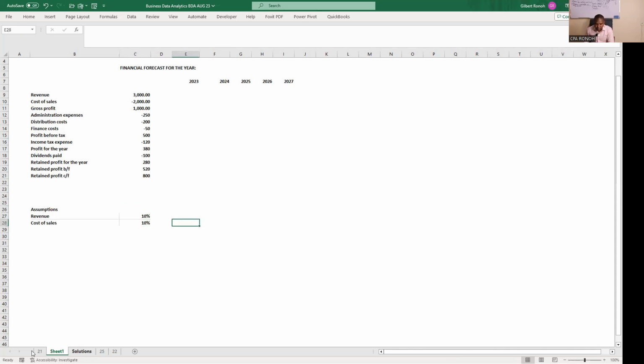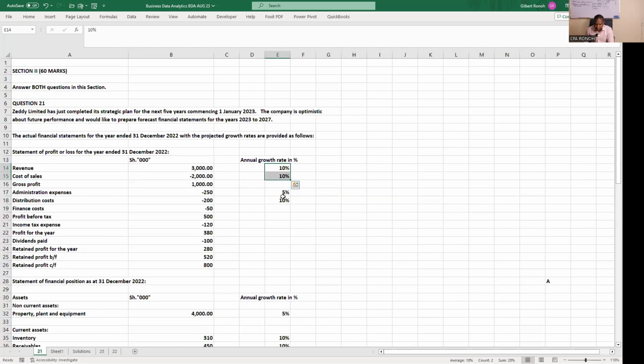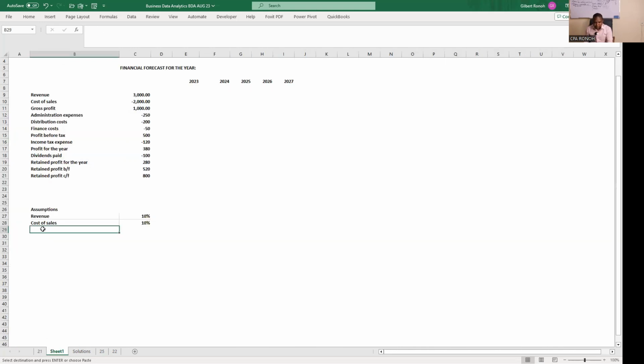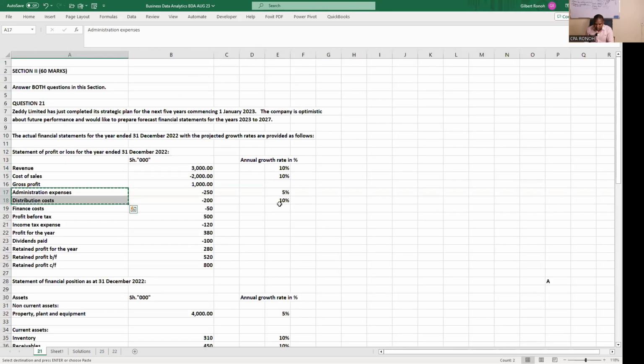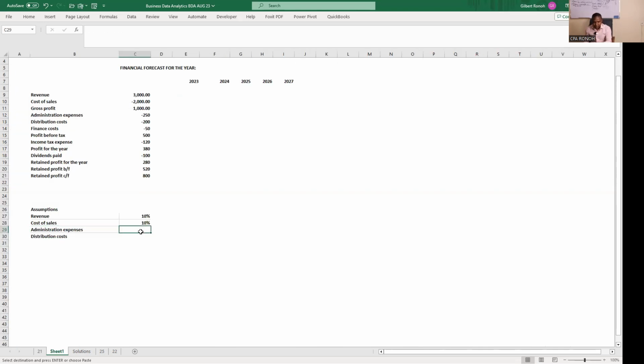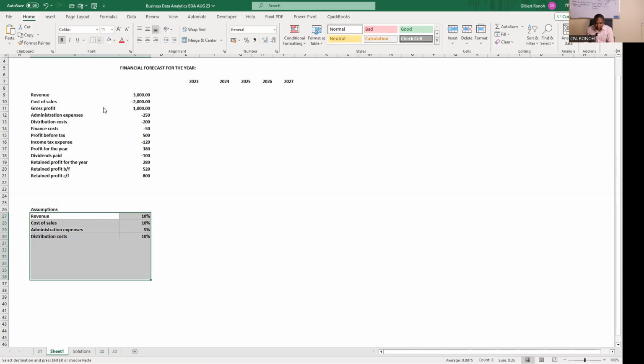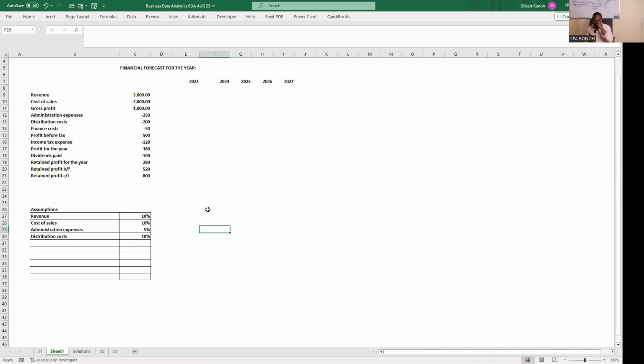Remember, I'm just drawing up my assumptions here. We have the distribution cost. Also, we will increase by 5% and 10%. So this one is the forecast for the income statement. These are our first assumptions.